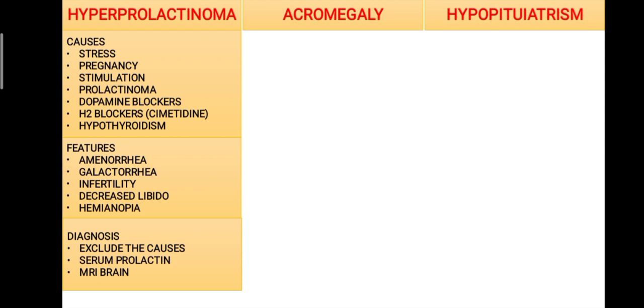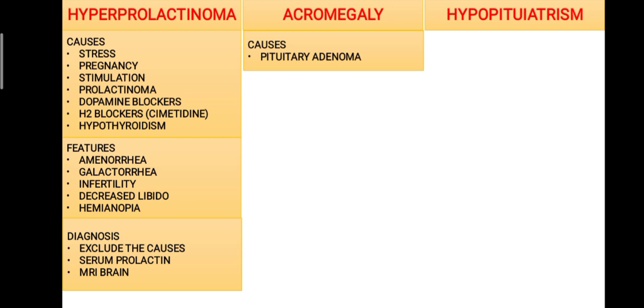After excluding the causes, if the patient is still having an increase in prolactin, which we find out in a serum prolactin level, then the diagnosis would be confirmed. Then we do an MRI brain to see if there is any tumor and localize the tumor. This is about hyperprolactinemia. Next, let's see about acromegaly.